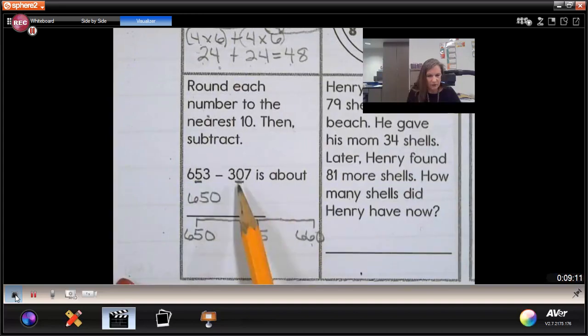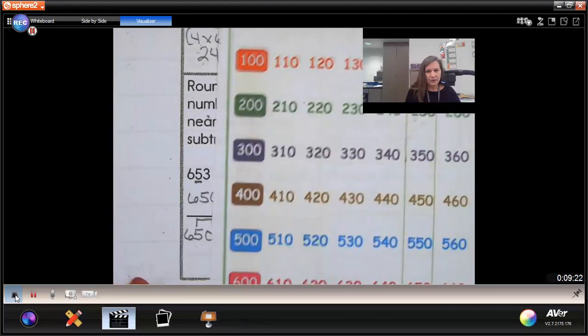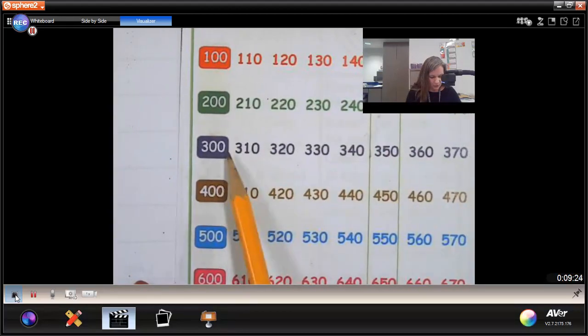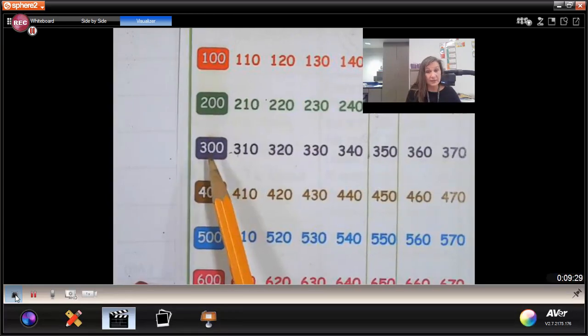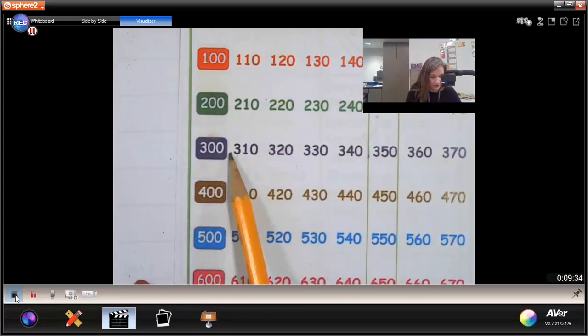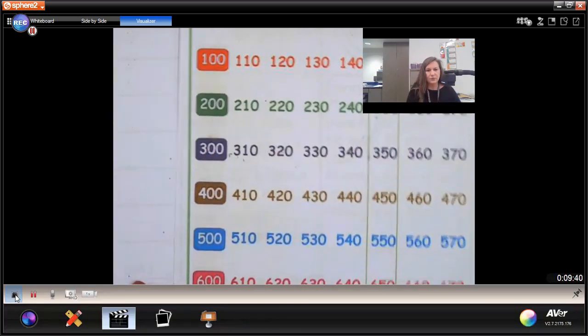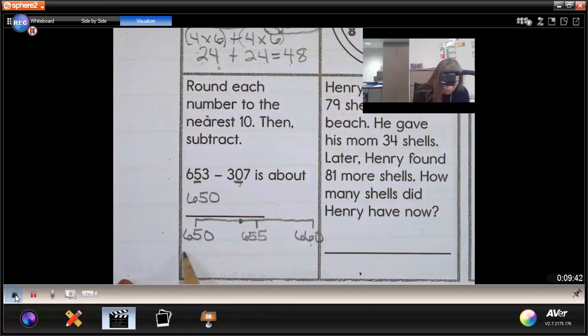Now, if you notice with our next number, which is 307, we have a 0 here. And when we look at 307, it is between 300 and 310. Remember, 300 is a group of 10 because it takes 10 tens to make 100. So 307 would be right about here, between 300 and 310.